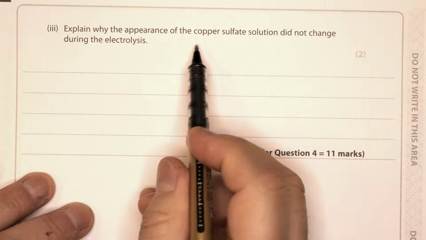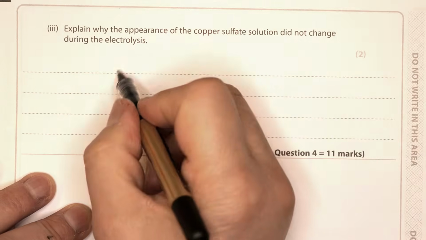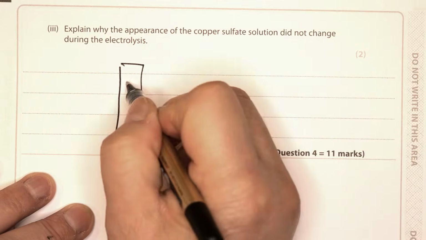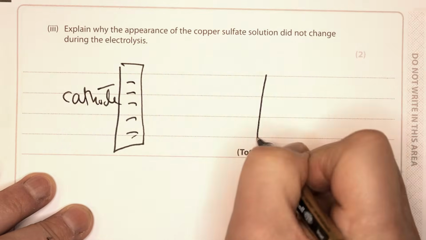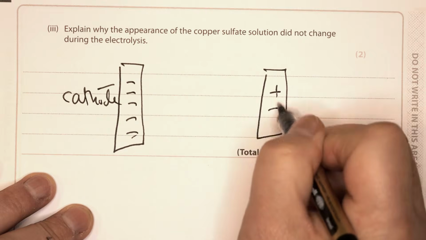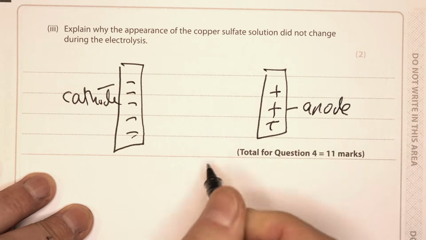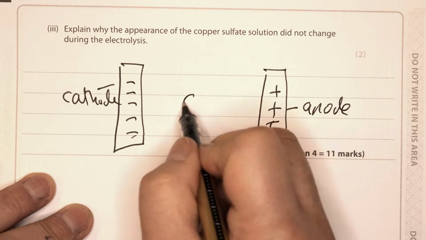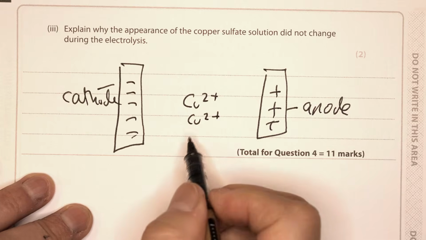Explain why the appearance of copper sulfate solution did not change during electrolysis. So we've got the negative cathode over here, and we've got the positive anode over here. And both of them are made out of copper. So what's happening is we've got copper ions in the solution, which is causing that pale blue colour.